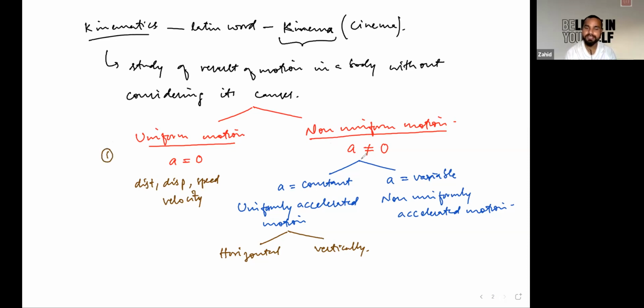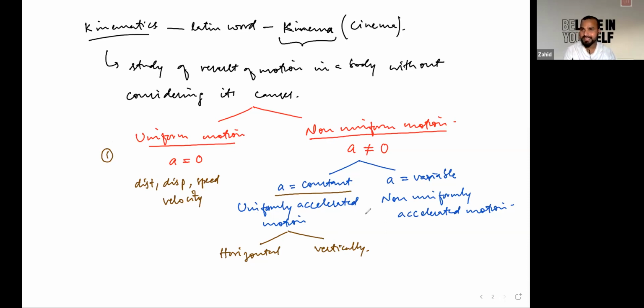Next is if acceleration is non-zero, it will have two different cases. First, it can be some constant number: 2, 5, 7, -1, -7, and so on. It is called uniformly accelerated or uniformly decelerated or uniformly retarded motion depending upon the sign of acceleration. If it is positive, then we call it acceleration.